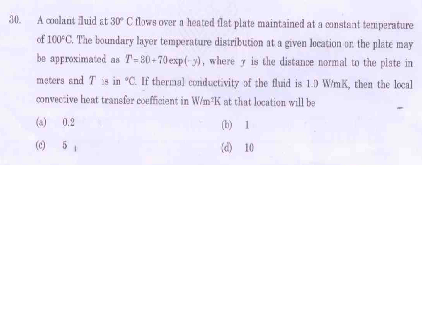If thermal conductivity of the fluid is 1.0 watt per meter Kelvin, then the local convective heat transfer coefficient in watt per meter square Kelvin at that location will be how much?